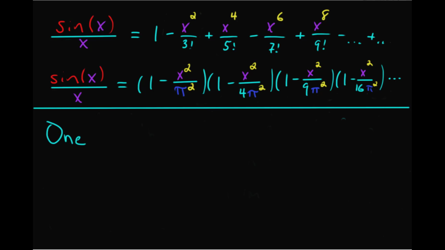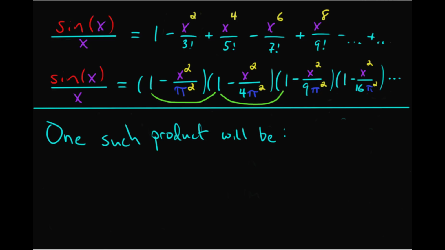So when we do this expansion, we're going to form lots of different products. One such product that we can form right away is the product 1 times 1 times 1 times 1, and so on. In other words, we can make it such that all of these 1's just multiply each other. And if we were to carry out that process infinitely, we would just end up with the constant term 1.